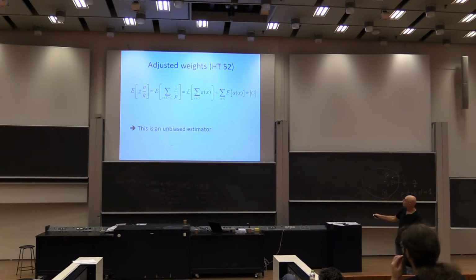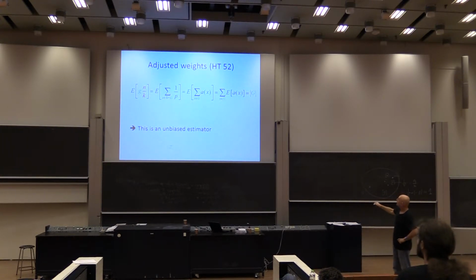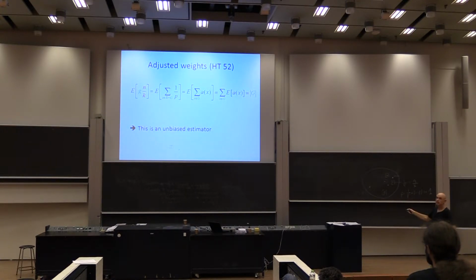the sum of 1 over p over the green guys in the sample is equal to the sum of the adjusted weights over all green items, because the other ones are just 0. It's positive only on your sample. And by linearity of the expectation, this is just the sum of the expectations of the adjusted weights, and the expectation of each adjusted weight is this calculation that we just did. It's exactly 1. Right?